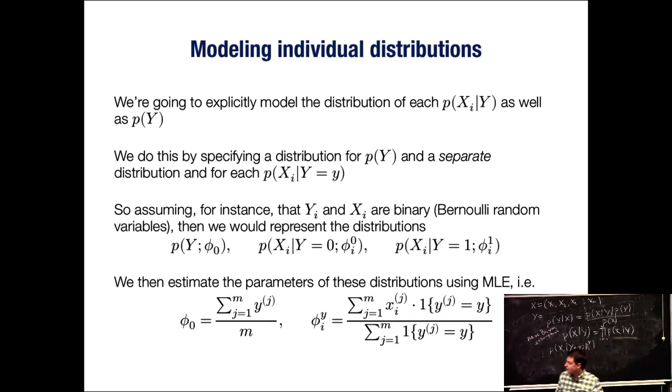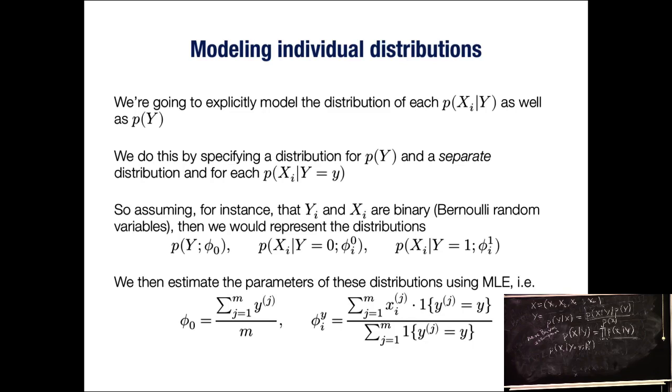And then the next one, phi y subscript i, is going to be the sum of the number of times we see xi being positive, xi equal to 1, times whether or not yj is equal to y.